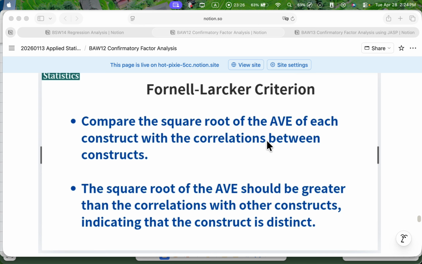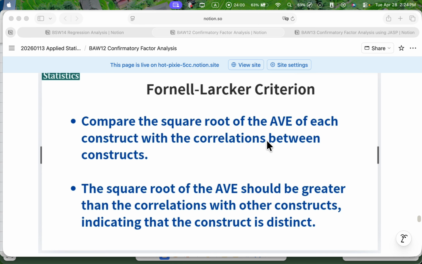You can see that we have constructs. I would like to use the example: I have five, so x1, x2, x3, the mediator, and y. I can construct a matrix like this: x1, x2, x3, mediator, and y.